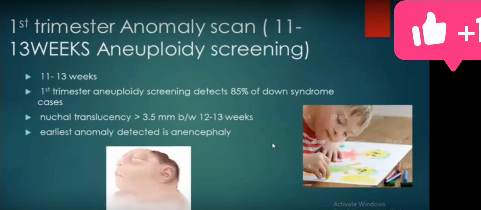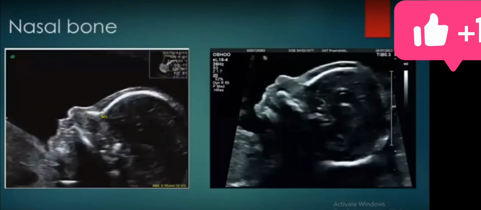The earliest anomaly which is detected is anencephaly, that is, there is absence of most of the skull bone and brain hemispheres. This is the earliest detected anomaly; by the 10th week we can detect it.